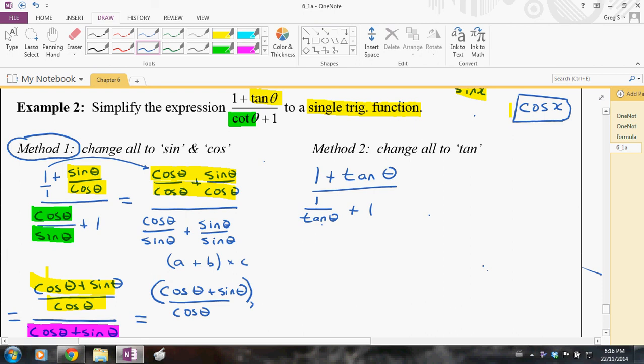Now this denominator here, if we're going to combine these two together, I need a common denominator. So this 1 I can rewrite as tan theta over tan theta. So I'll just write the numerator first, 1 over tan theta, all over 1 over tan theta plus tan theta over tan theta.